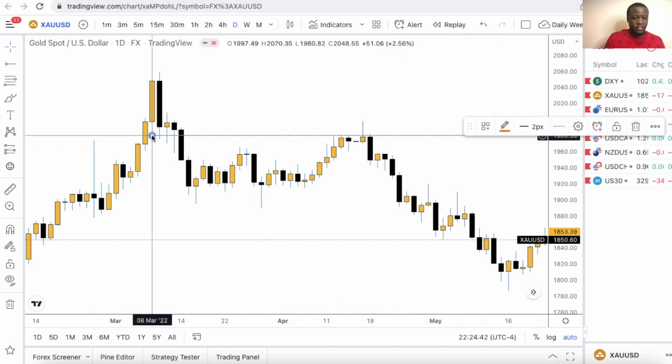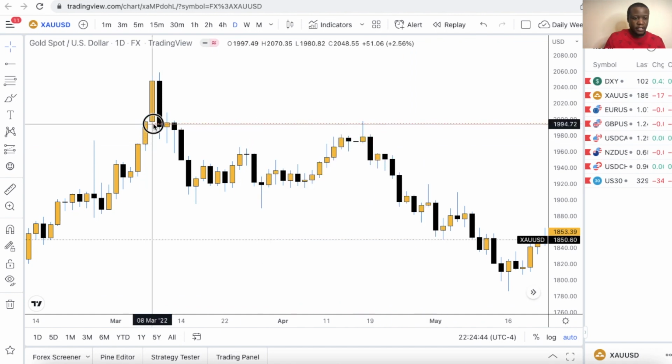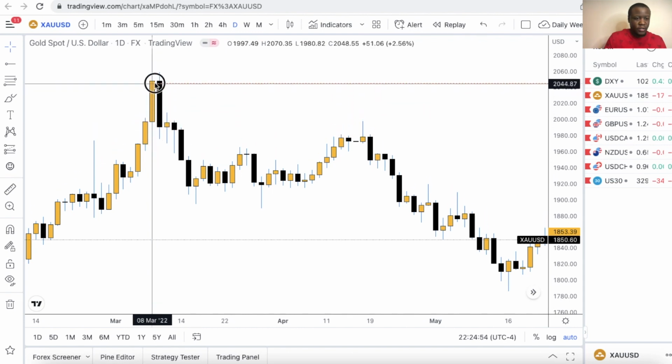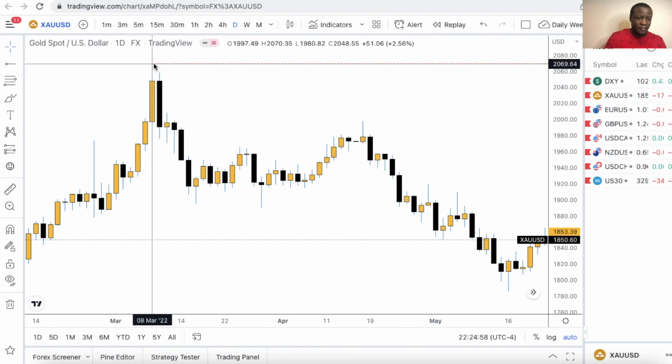Okay, so that's considered the low, and then the candle moves up for the day. So we have the opening, we have the retracement, which makes the low of the day. It goes all the way up. Consider this the high of the day.